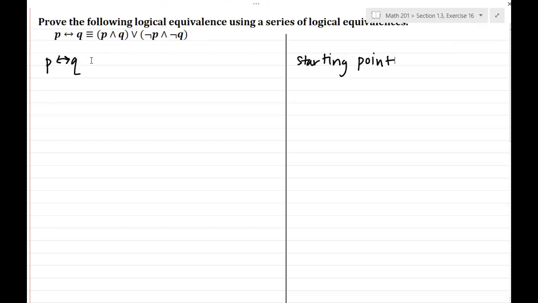But remember, you can only work on one side at a time. Otherwise you're assuming the equivalence, and we don't know the equivalence yet, so we can only work on one side at a time.